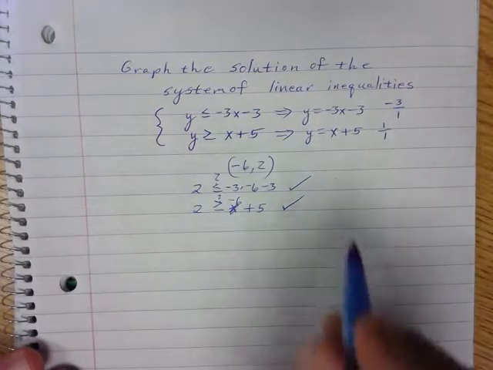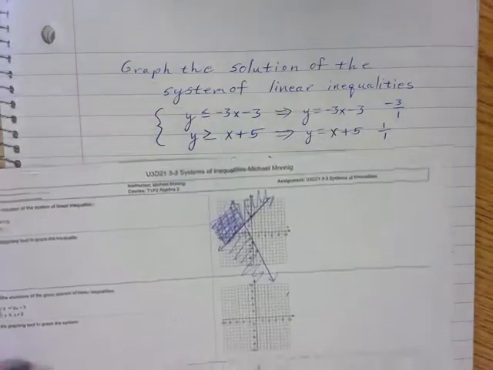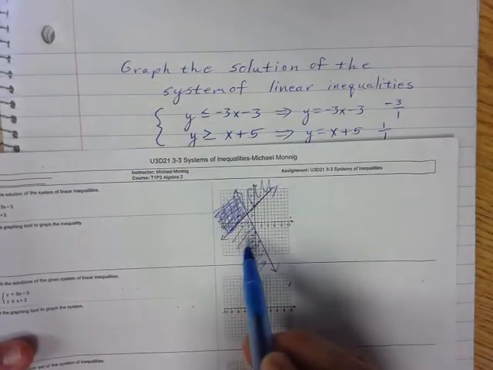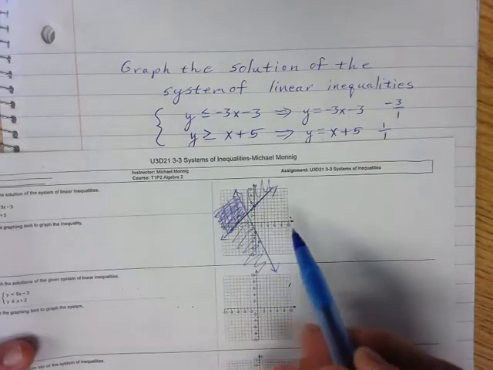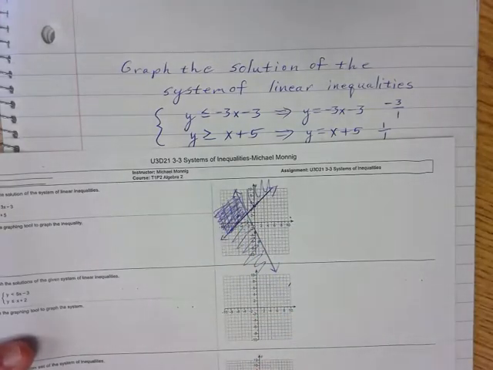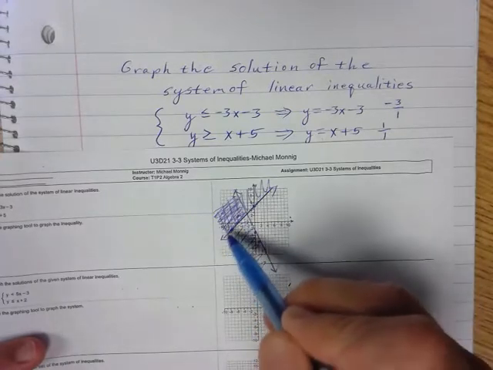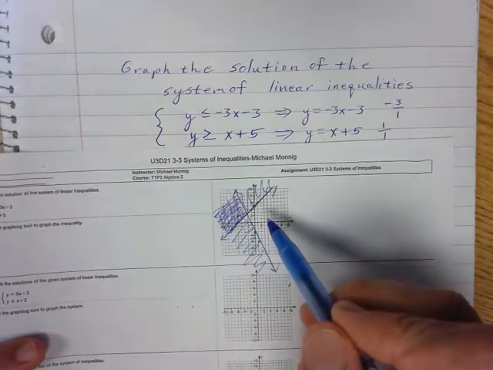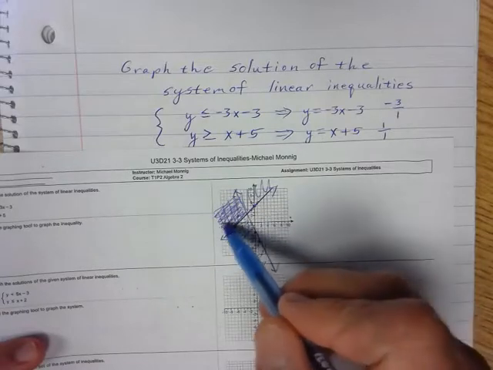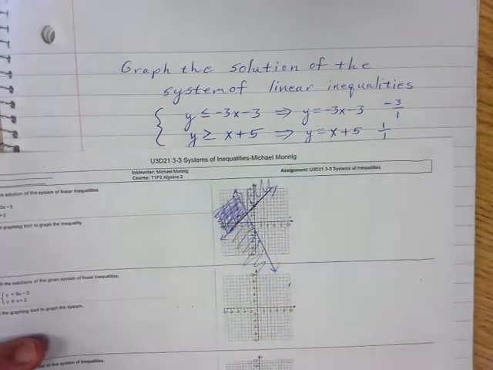So this drawing is the solution, the shaded in area. In general, you will end up with graphs that chop it into 4 or more pieces, most likely, and you have to figure out which piece of the graph works for both or even 3 equations, and that's the overlap.